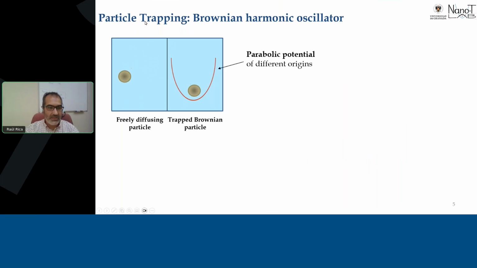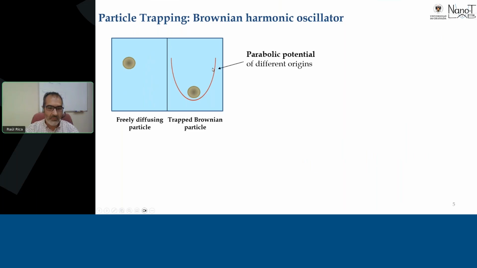We usually describe a particle that is trapped as a Brownian particle that executes Brownian motion when dispersed in a fluid or in air. A freely diffusing particle will behave like this one, but with a different mechanism.